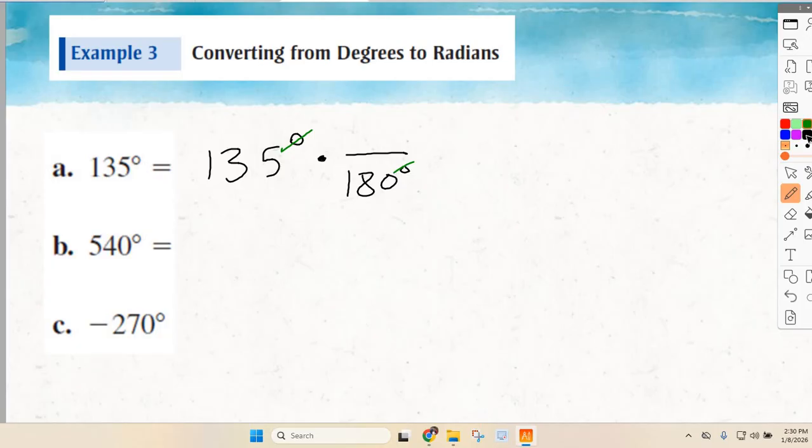But I also have to have my pi relationship on top. And so this is the part where I said we just really want to focus on our fraction. So notice that this is technically over 1. So we have a 135 on top and a 180 on bottom. So we want to try and reduce that first and then just add a pi. So is there something that goes into both 135 and 180?